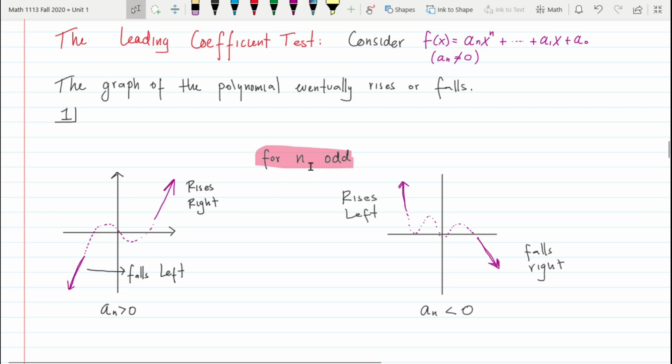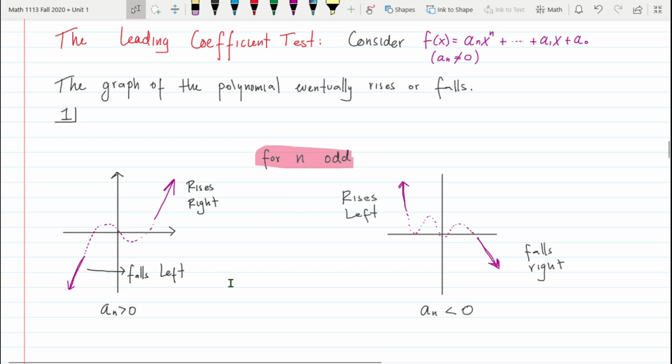if n is odd, if the power is odd, that means 1 could be thrown into here, but we're thinking power 2 or higher. So 3, 5, 7, 9, 11, 13, any odd number is going to work.